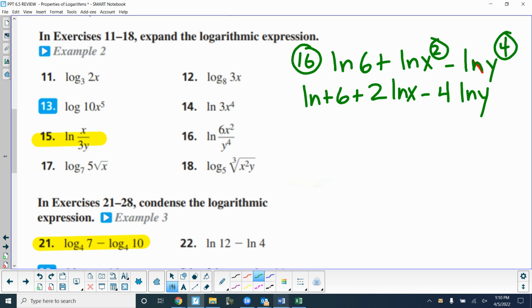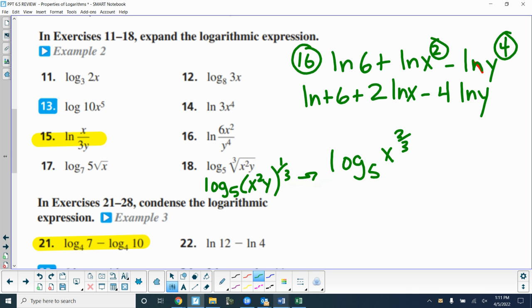Now for 18, we didn't have one like this yesterday, but I would write this as log base 5 of x squared y to what power? What's cube root? 1/3. Thanks, Nathan. So what's the rule then? What are you supposed to do with those exponents? Multiply them. Somebody said that. Thank you. What's 2 times 1/3? 2/3, right?